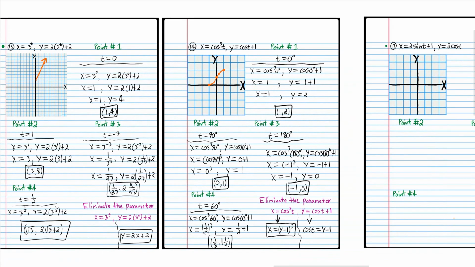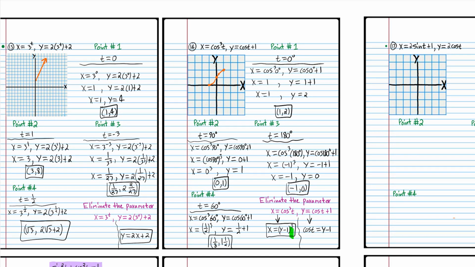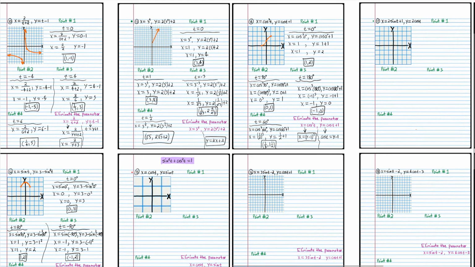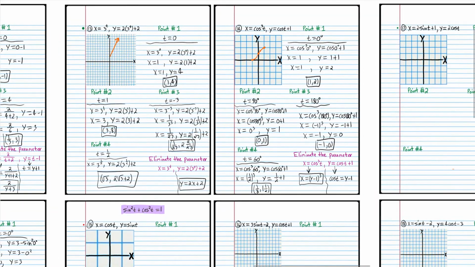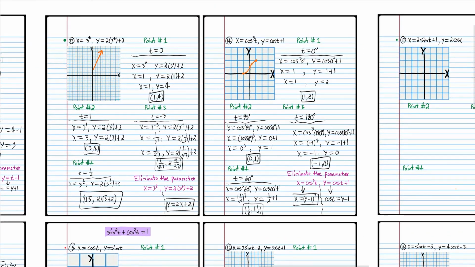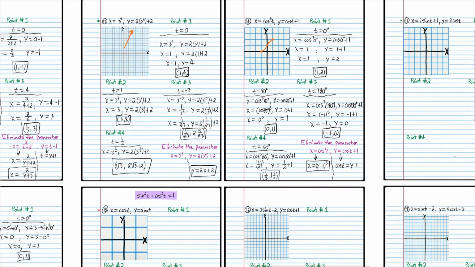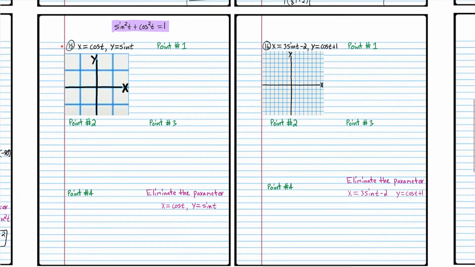So if you graph this equation down here, you get the full cubic function in both directions. But if you graph the parametric equations, you have limitations. So if you got that right, excellent. I know it's hard to find points that work easily, but if you got that, good job.